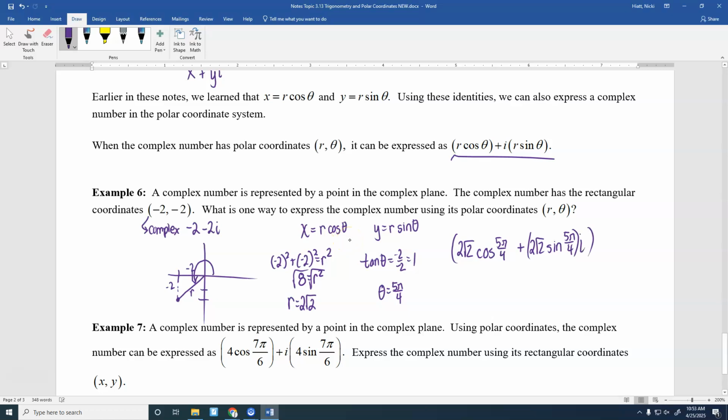Actually, I don't really need that. I'm pretty sure if we simplify, we're going to get back to the -2 and -2, so we don't really want to do that. Again, I'm not 100% sure where this is useful in your everyday life.